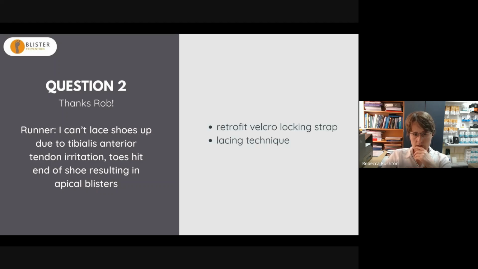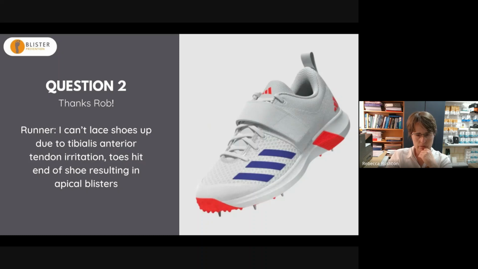So we had a quick chat and we talked about lacing technique, and also this idea that actually comes from cricket shoes: he could get his bootmaker to retrofit one of these Velcro locking straps, and you could just position it wherever you wanted to, I suspect, so as to not further irritate the tibialis anterior, and that would just be something additional to the laces that is clamping down on that foot and not allowing it to move forward. But obviously in this case it'll be in a running capacity.